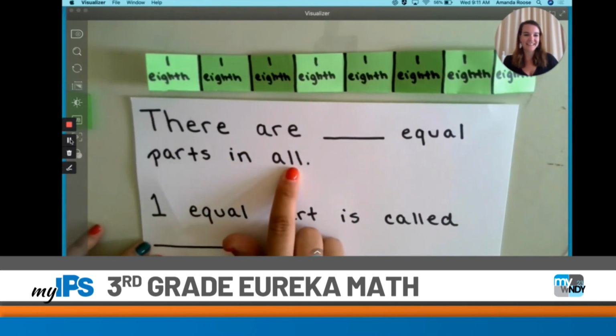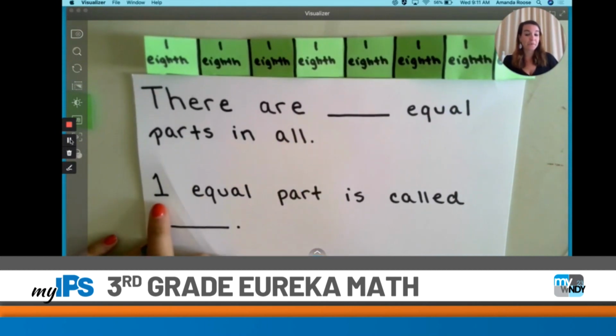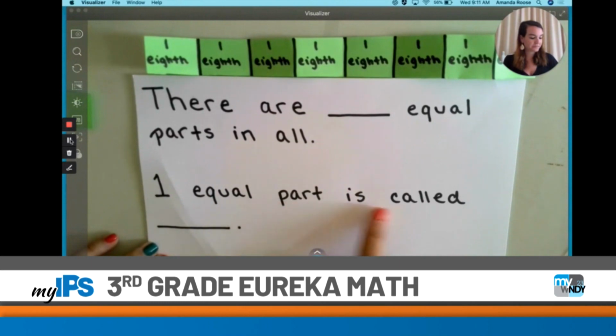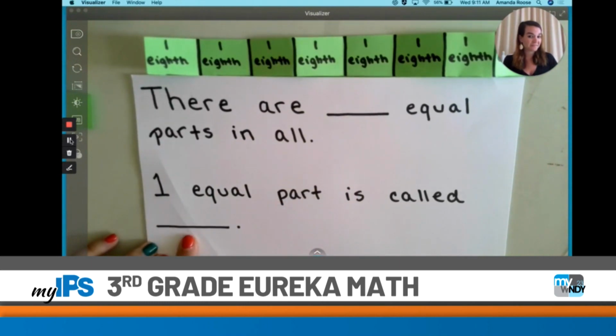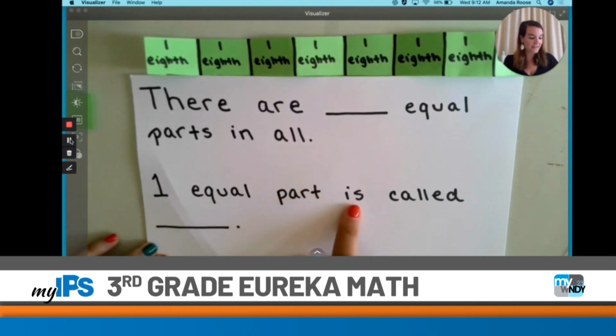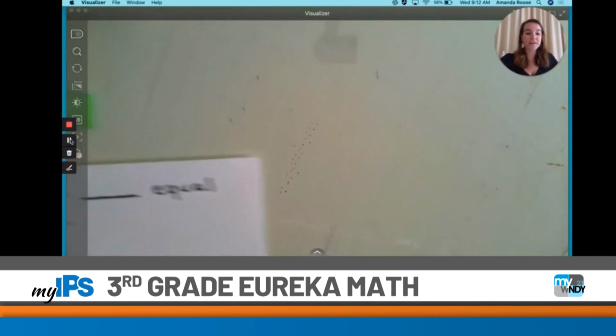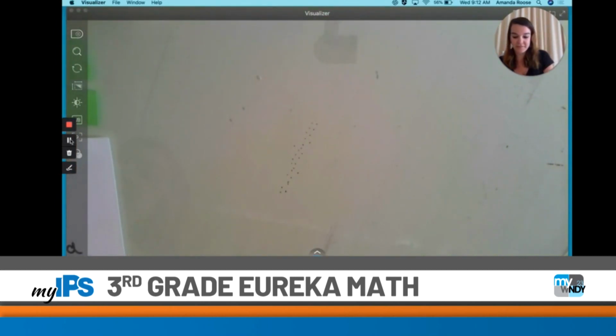Let's look at our next sentence. Read it in your head first. Okay, here we go. 1 equal part is called 1/8. We're starting quite a collection of fraction strips here.